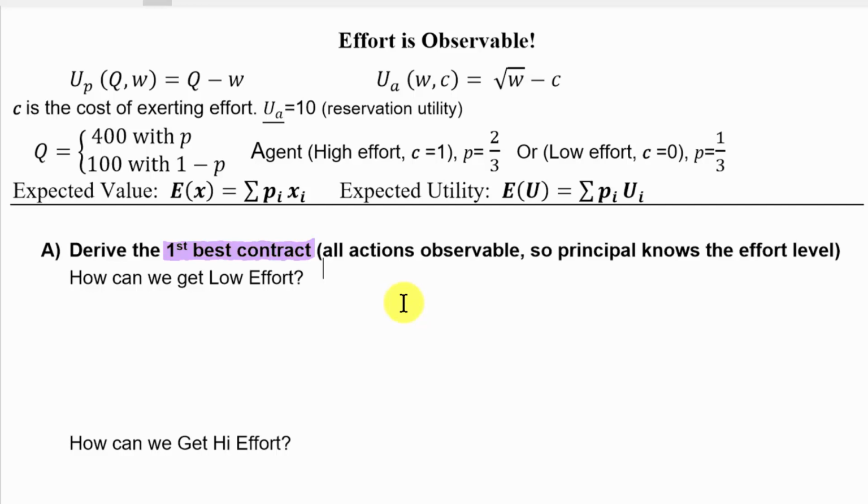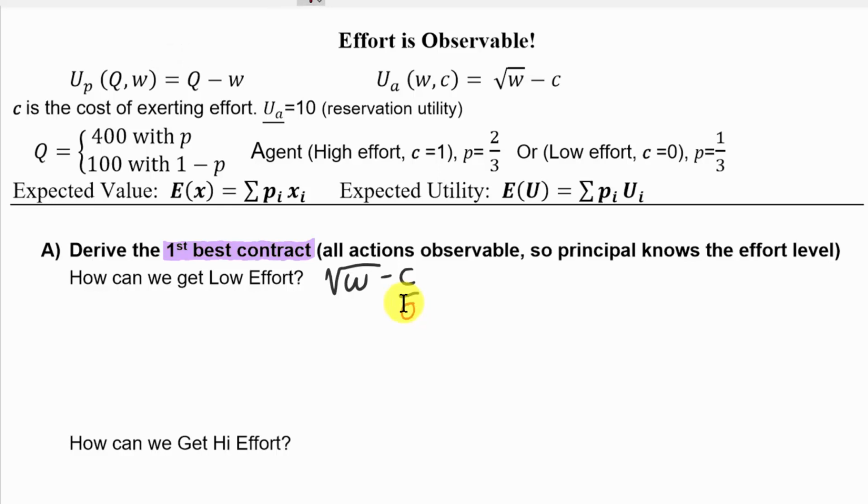If we wanted low effort, here's the utility function of the agent: the square root of the wage minus C. If we're getting low effort, then that C is just going to be 0, so we don't need to worry about that part.